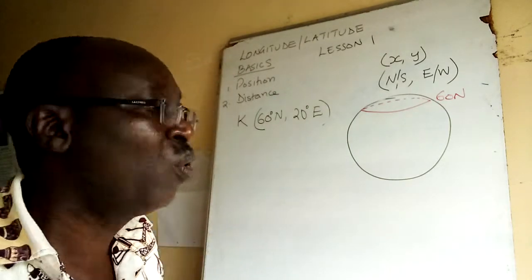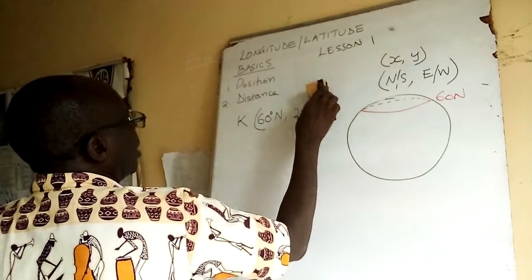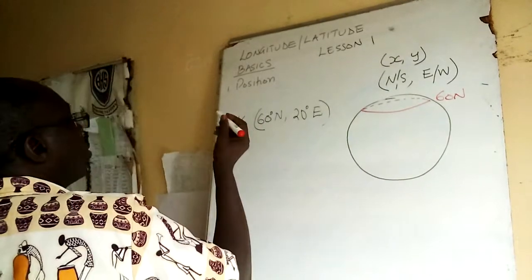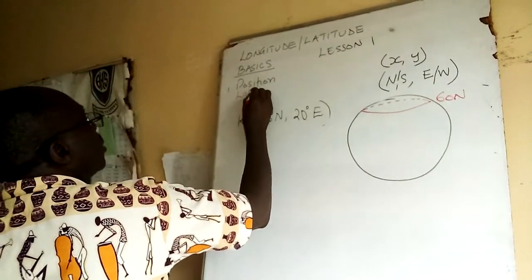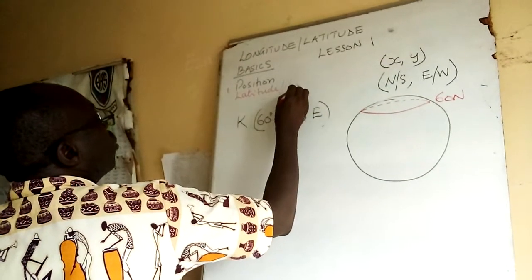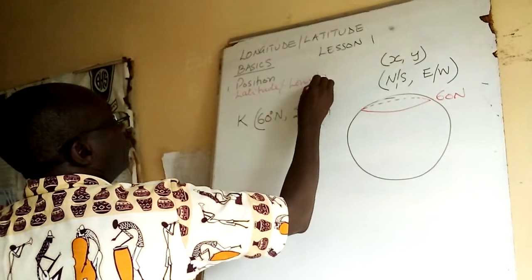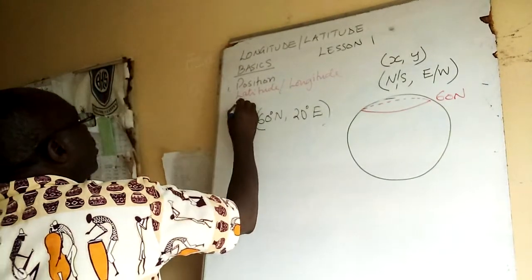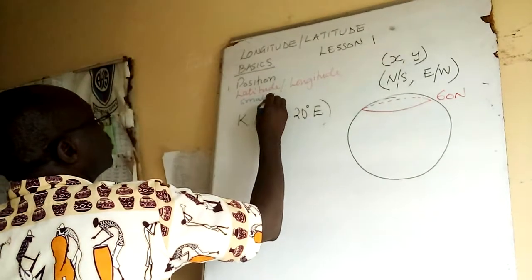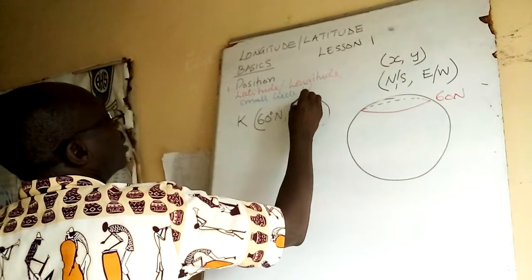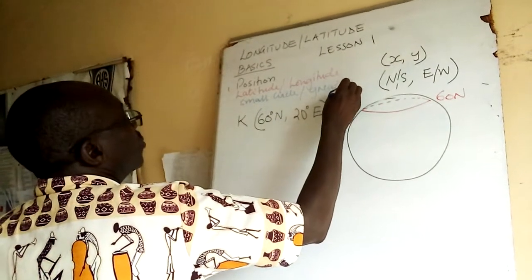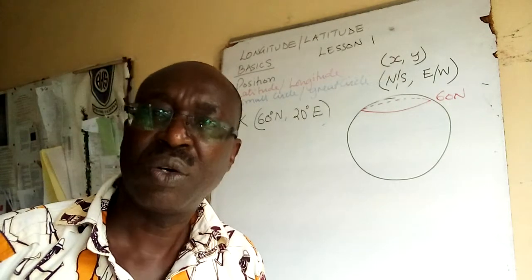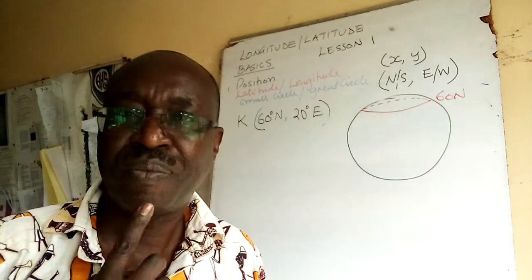So when we are talking of latitude and longitude, we are talking about small circles and great circles.